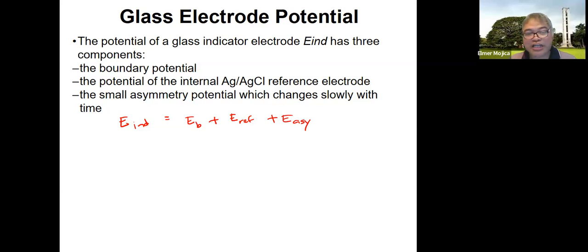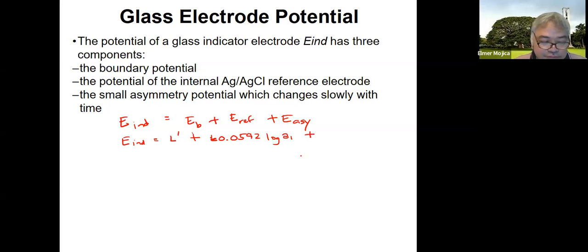So these are the three components of what we call the glass electrode. And if we substitute, you have the L, and this one is 0.0592 log of A1, and then E reference 2 plus E asymmetric potential.